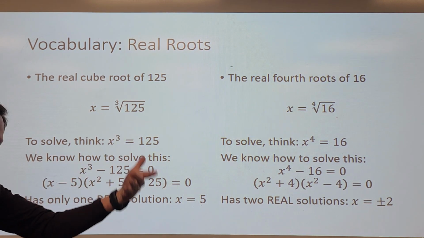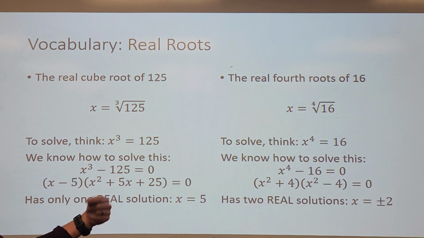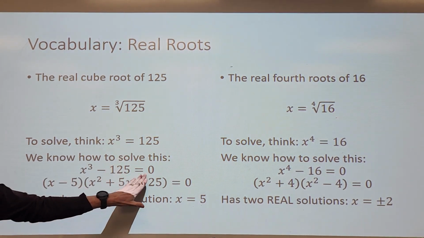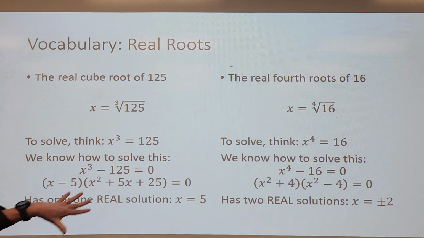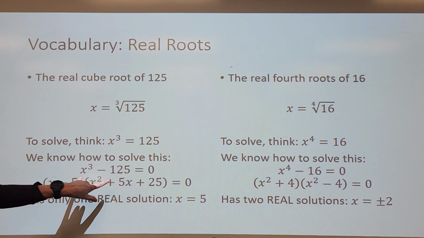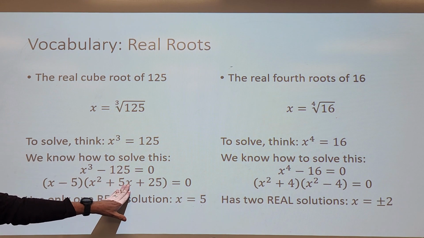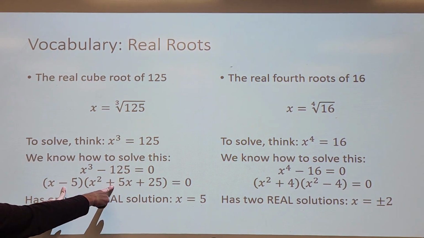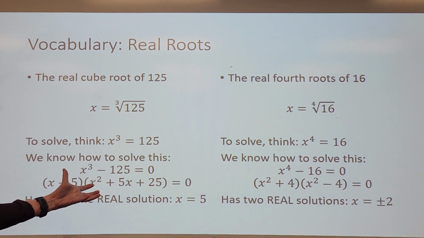If we're going to process that, we can solve this as an equation, x cubed minus 125 equals 0. We've solved polynomial equations back in Unit 3, and so we want to do a good job with that. We can solve this as a difference of cubes in factored form. So x cubed minus 5 cubed is going to be x minus 5 times x squared plus, right, the opposite sign there, 5 times x plus 5 squared, and that equals 0.